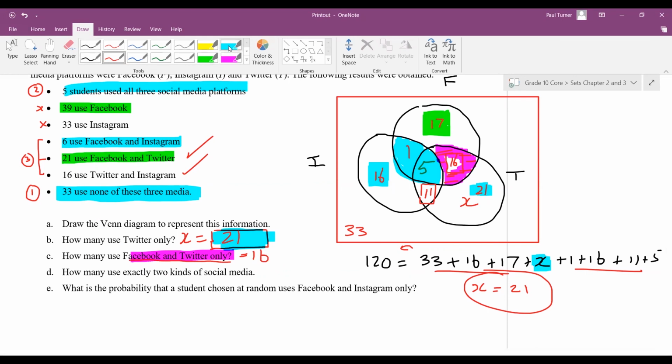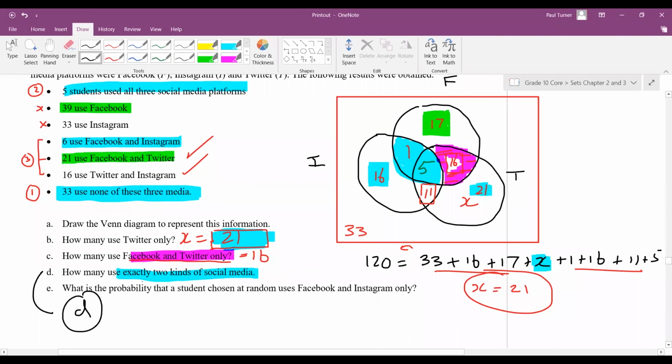But I think the next one's okay. How many use exactly 2 kinds of social media? 2 kinds, cannot be 1, cannot be 3. So which numbers would you add up for D then? Exactly 2 kinds. What do you think the answer is? Or what numbers do you add up? 16 plus 11 plus 1.